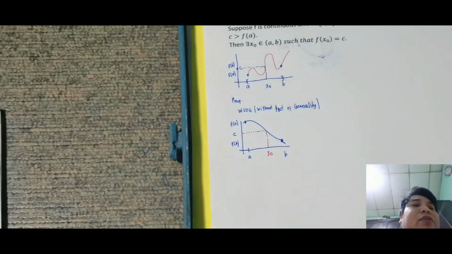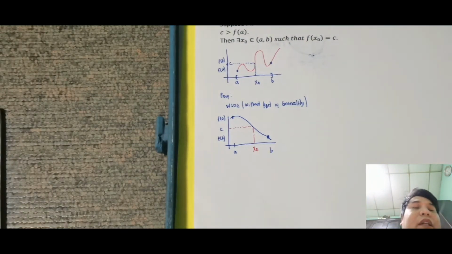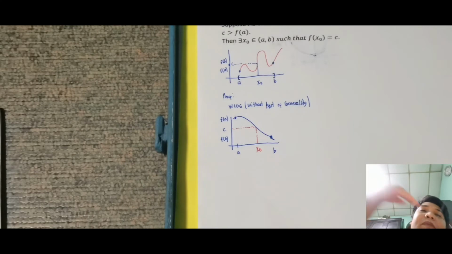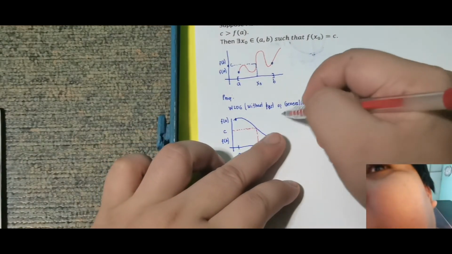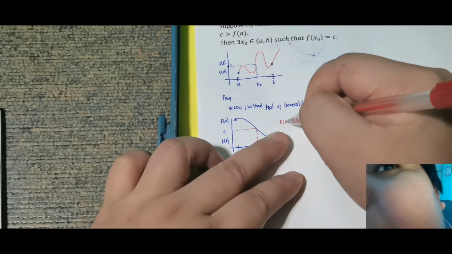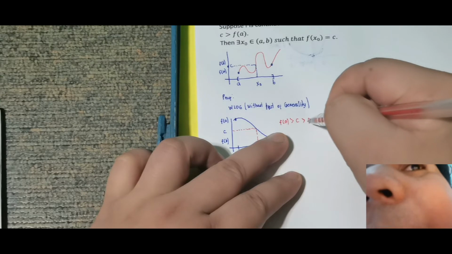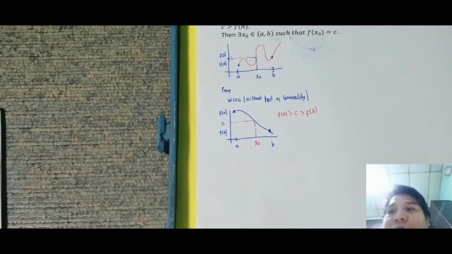Pero, hindi natin alam kung saan talaga yung X naught na yan. Ang gusto natin malaman, dapat, yung f of X naught is equal to C. Kasi hindi natin alam totally nasaan yan. Okay, so again, somewhere sa interval na hindi natin alam. Kahit alam natin na decreasing siya, kasi nga nangyari dito is, f of A is greater than C is greater than f of B. Okay, so ito yung claim natin.